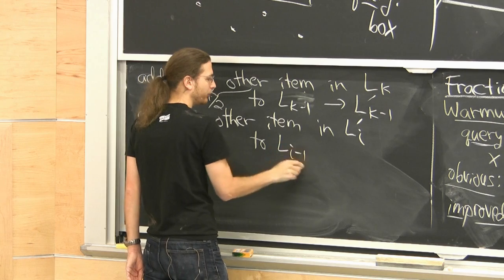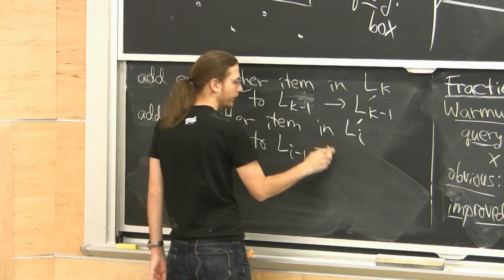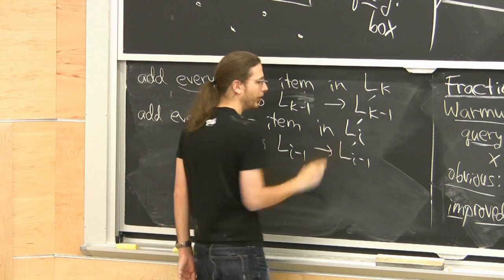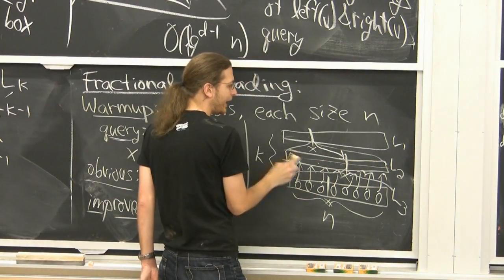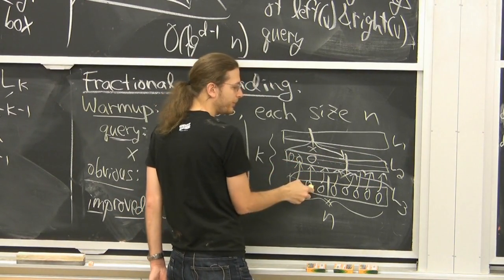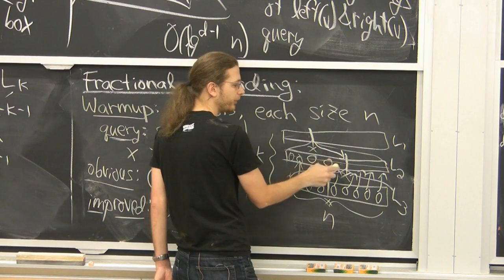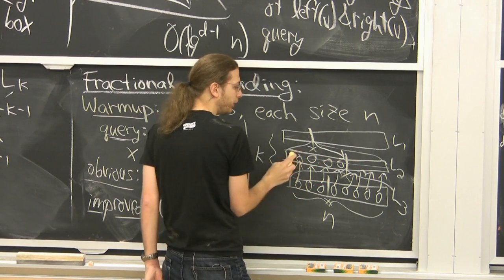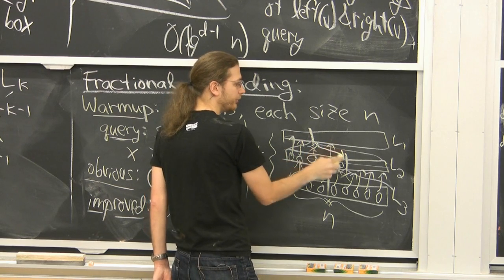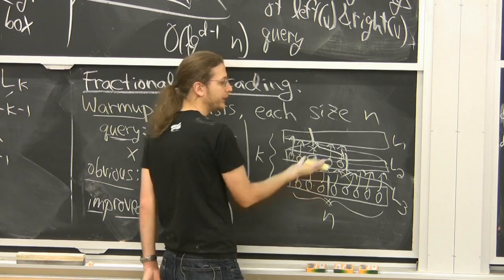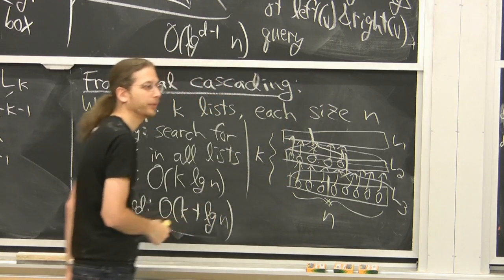I add them to Li minus 1 to form Li minus 1 prime. So I've got this new larger version of L2. I take half the items from here. Some of them may be items that were in L3. Some of them are items that were originally in L2. But half of them get promoted to L1. And so I keep promoting from the bottom up.